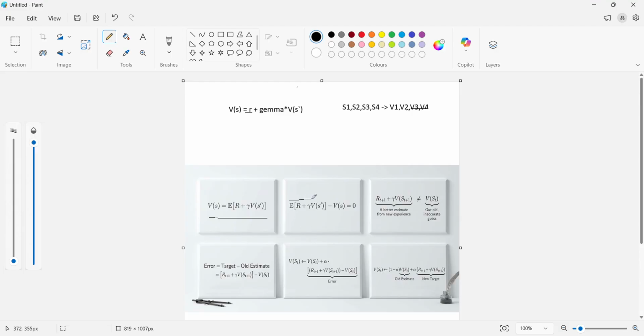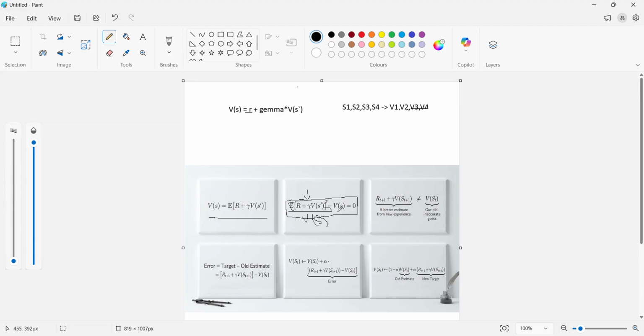This equation here represents the most optimal condition for this state s, because look at it. This is basically the estimated best value for this state s. This whole thing in its entirety represents v of s, and this thing is also representing the same thing, v of s.